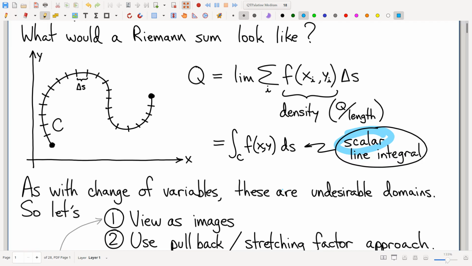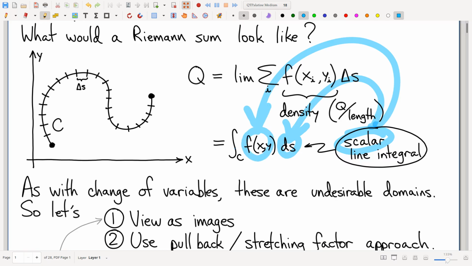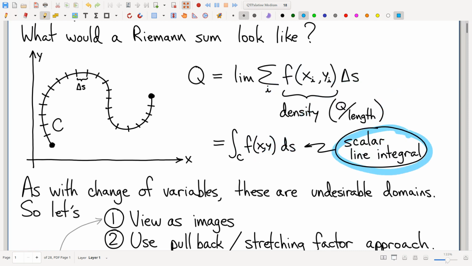It's a more sophisticated object. Scalar in this case is a reference to the seemingly obvious fact that our differential is a scalar and that our integrand is a scalar. The next kind of line integral we're going to write down is going to be not that, and details will come later. So I like that our book uses the clarified term scalar line integral.